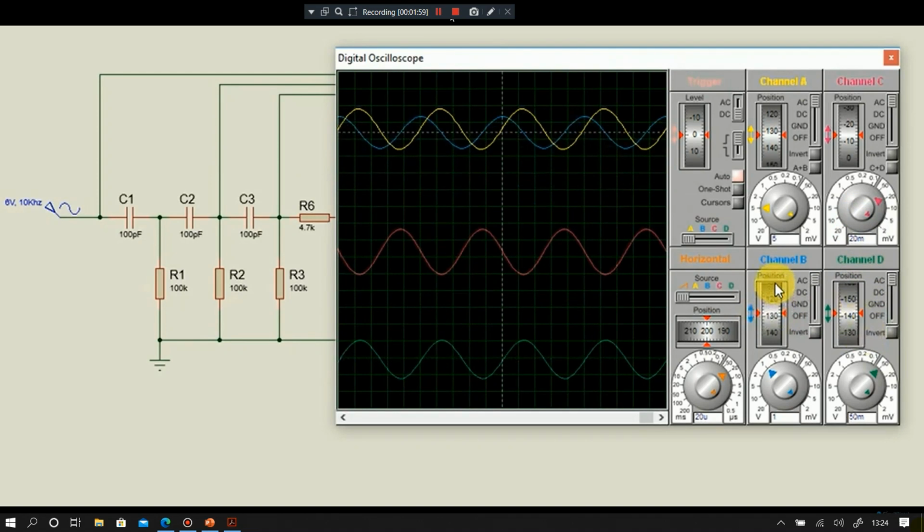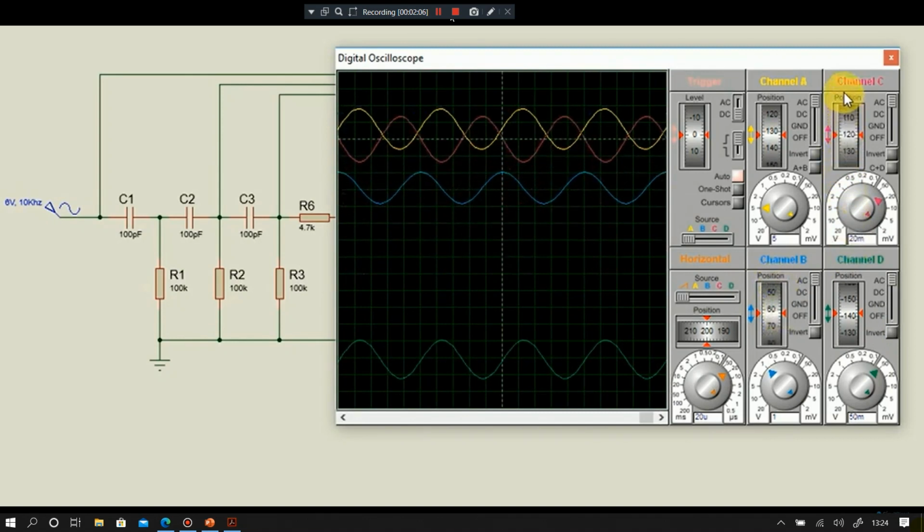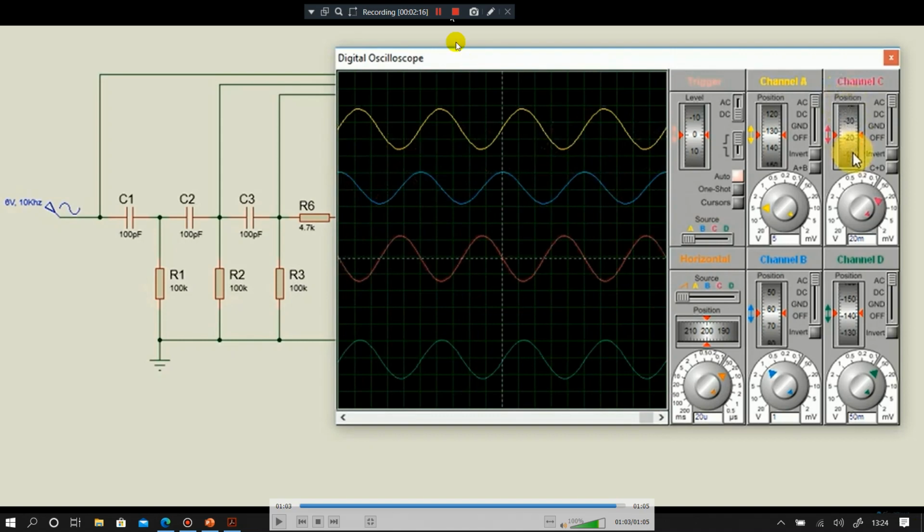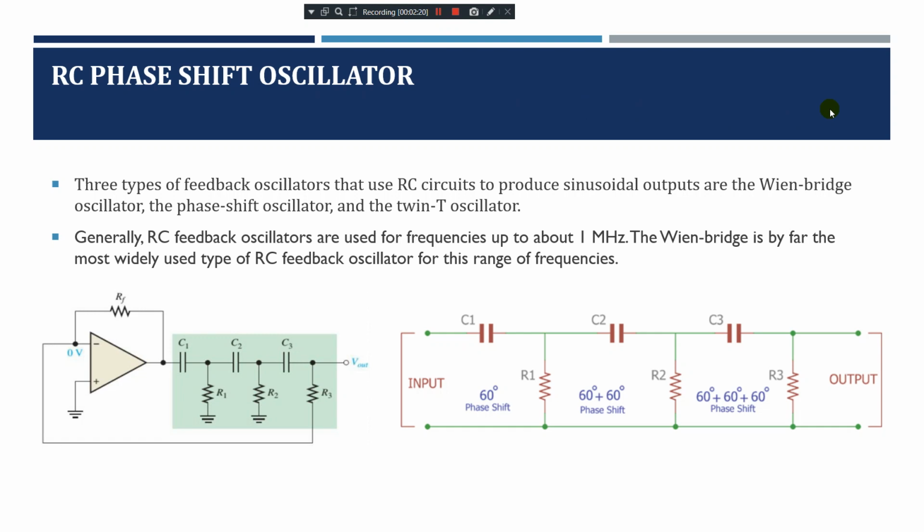There is a slight change, that is a 60-degree change, then 60 plus 60, and one more gives your 180-degree phase shift. So if you observe here, there are 4 signals: one is the input and one is the output. That is how your system works. Hope you have understood this.